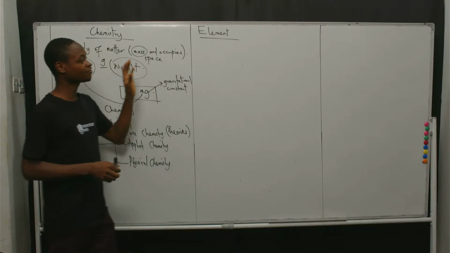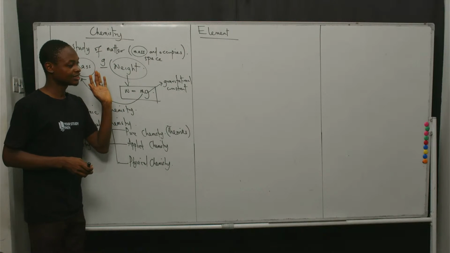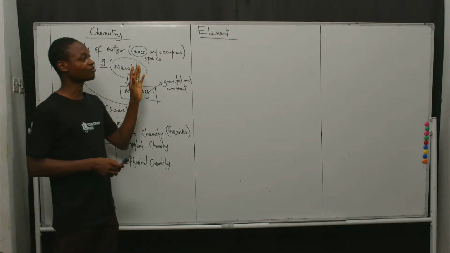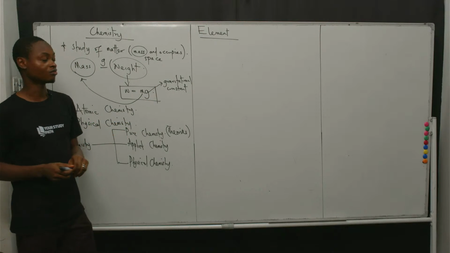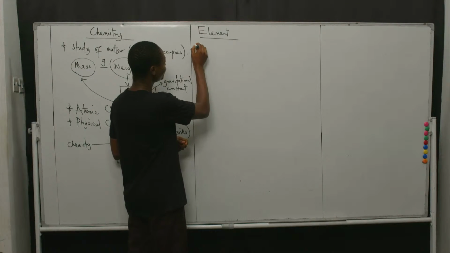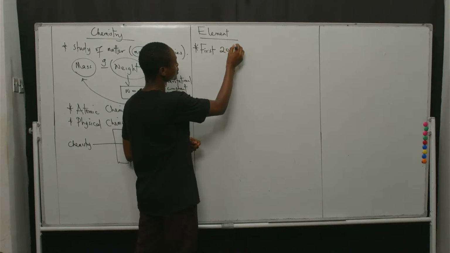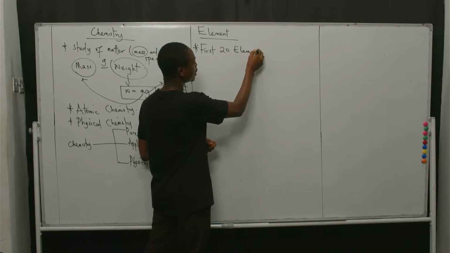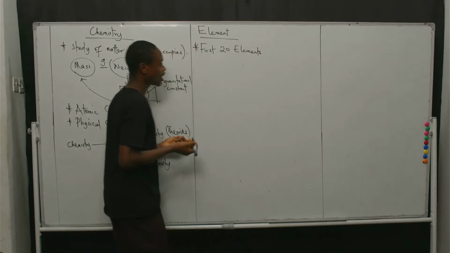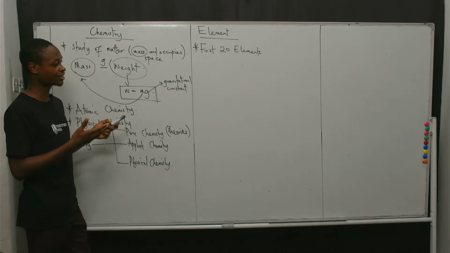Now, let's start first and foremost with creating a good understanding of the first bit of elements that we have. Now, the first 20 elements that we have, and when I say first 20, how exactly are they arranged?